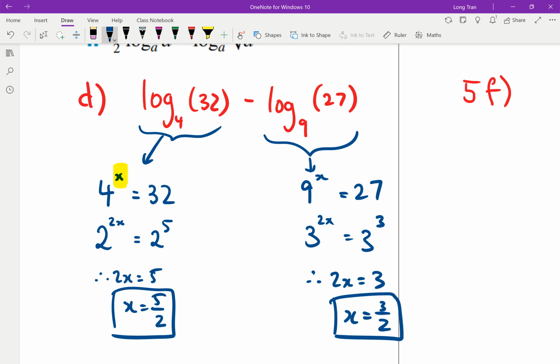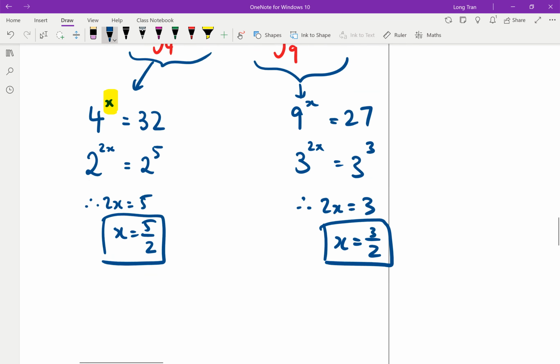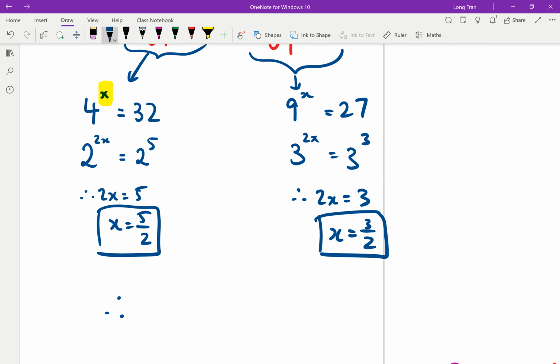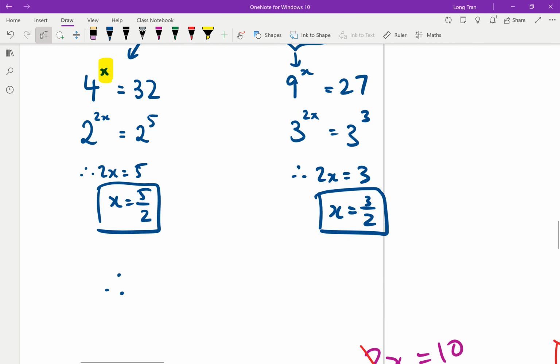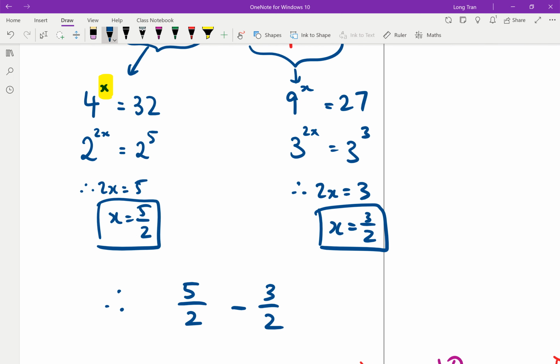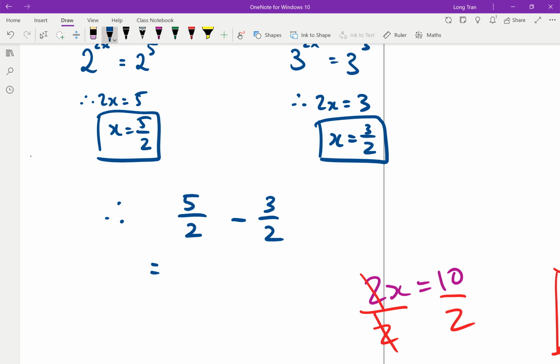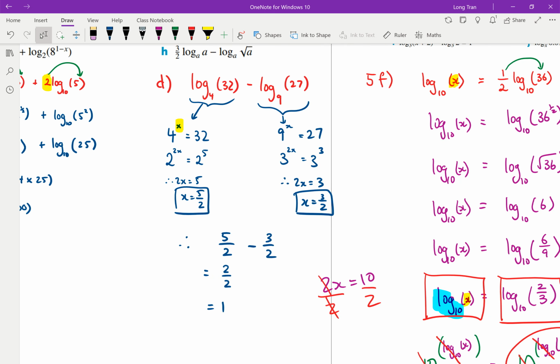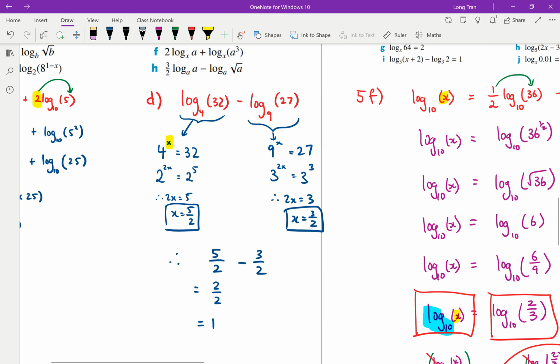So log base 9 of 27 is equivalent to 3 over 2. Putting them both together, log base 4 of 32 is 5 on 2, minus log base 9 of 27, which is 3 on 2, and that is 2 on 2, which is 1.